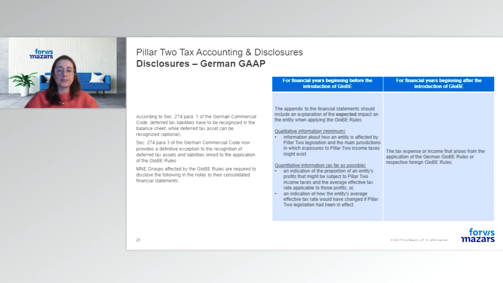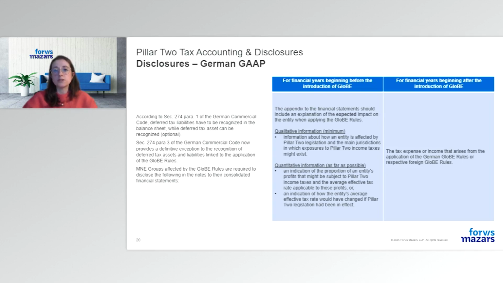Besides this amendment, there were some other amendments regarding the annex of the financial statements, which you can see here. For financial years beginning before the introduction of GloBE, there has to be some qualitative information and, as far as possible, quantitative information disclosed.